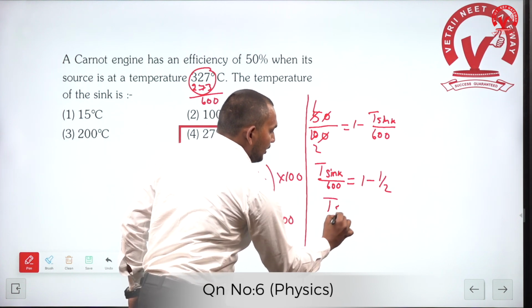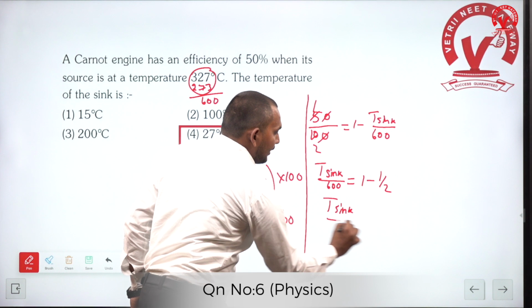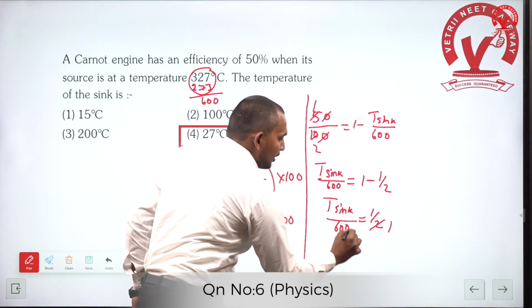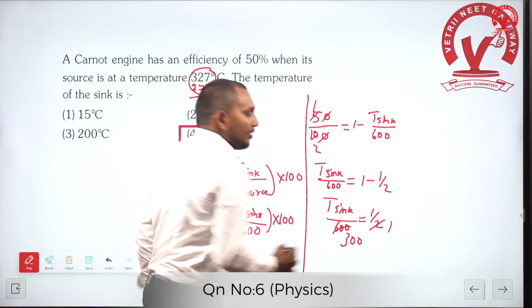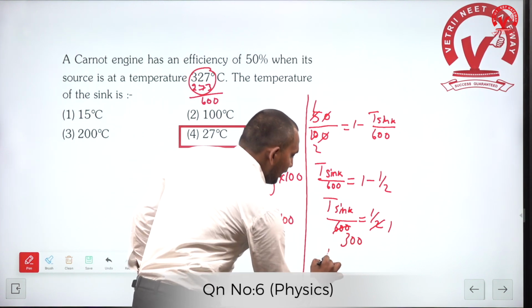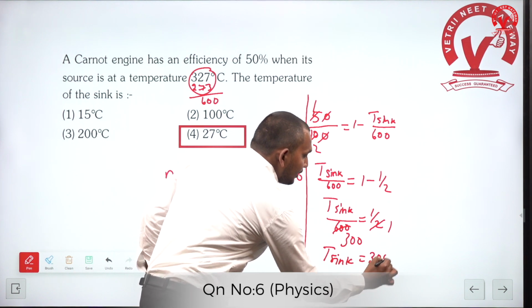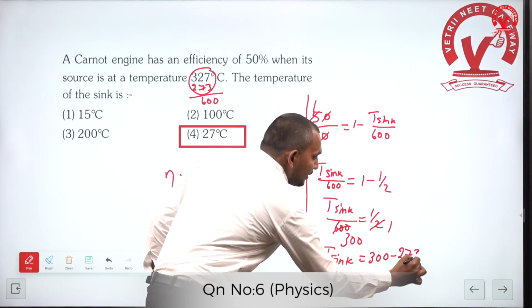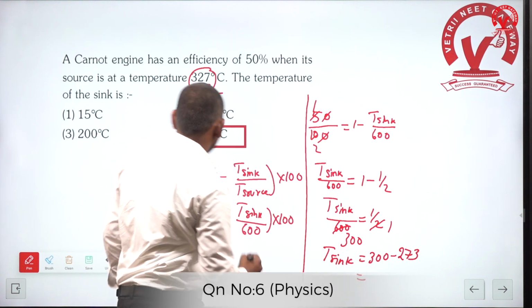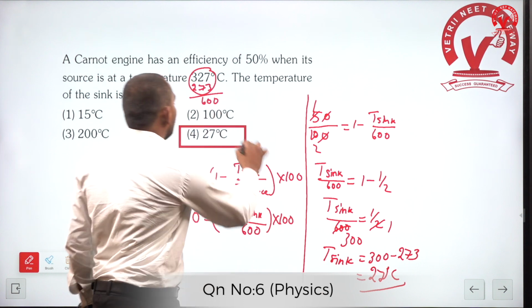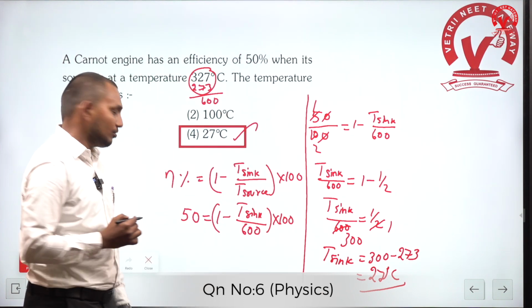So T sink divided by 600 is equal to a half, so T sink is equal to 300. 300 minus 273, we will get 27 degrees Celsius. So our option is 4.